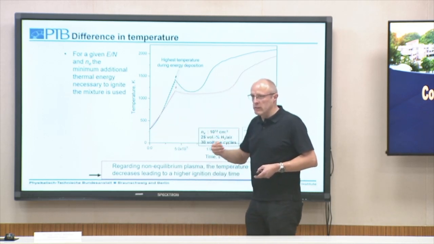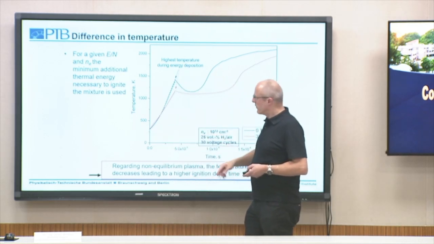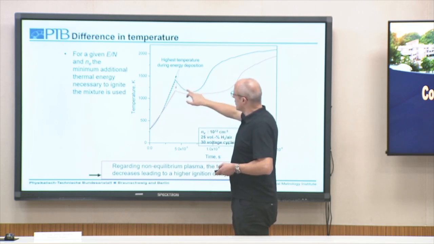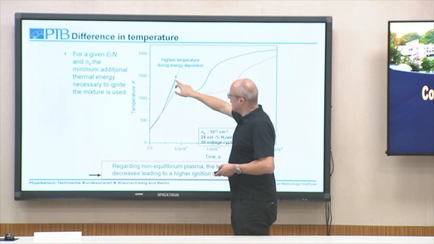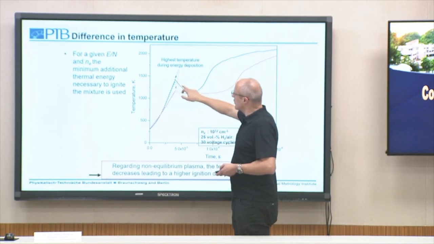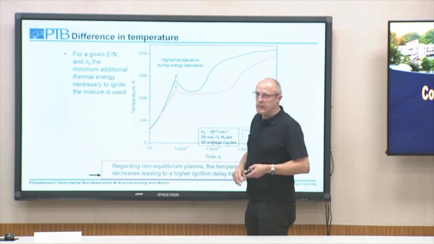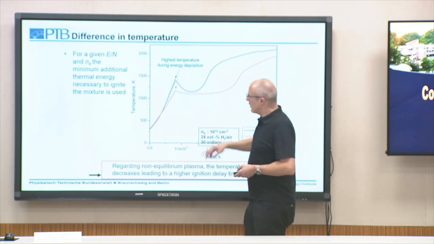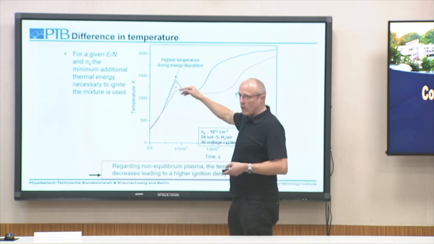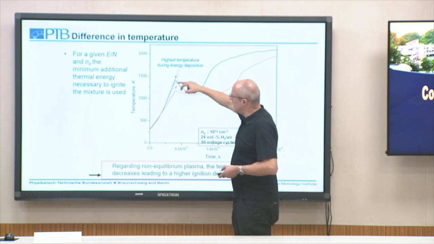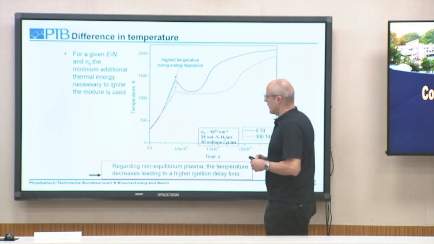We deposit only thermal energy. So we heat up the system, the deposition ends, the system cools down in this example, and then the chemistry wins, ignition takes place. So if we decrease the energy here, we won't see any ignition. So this is the minimum energy limit for this example.